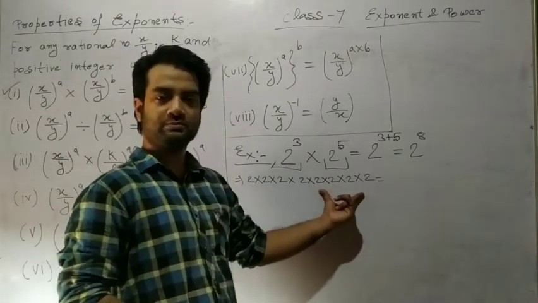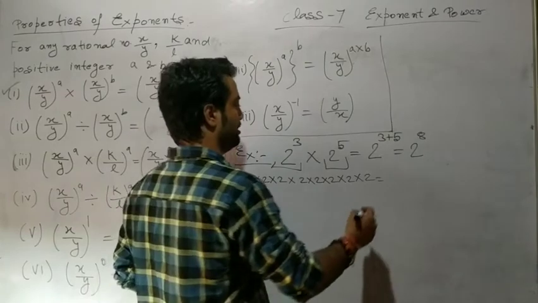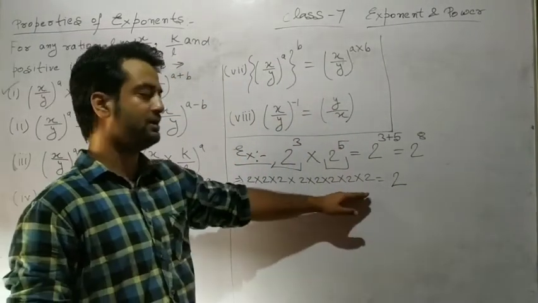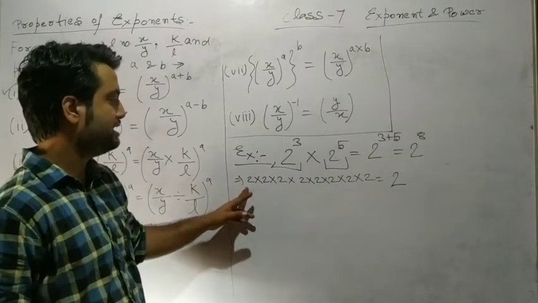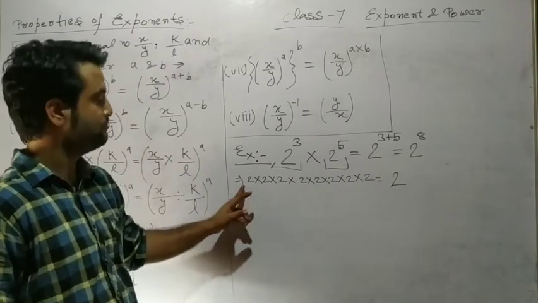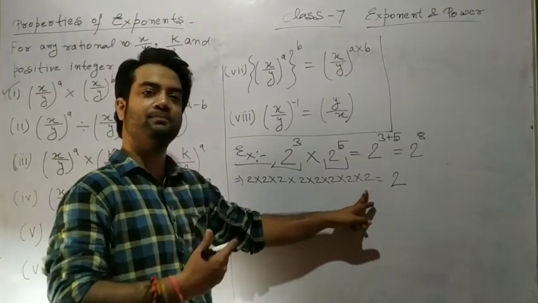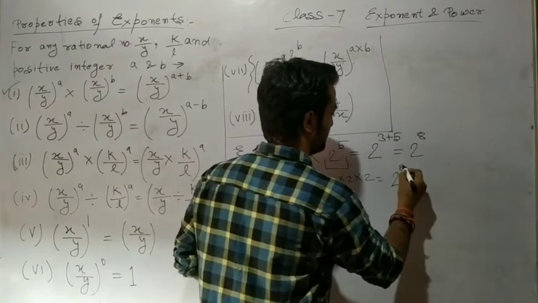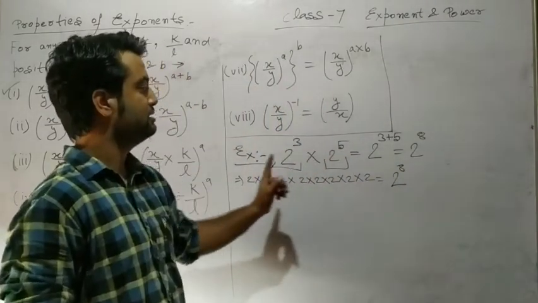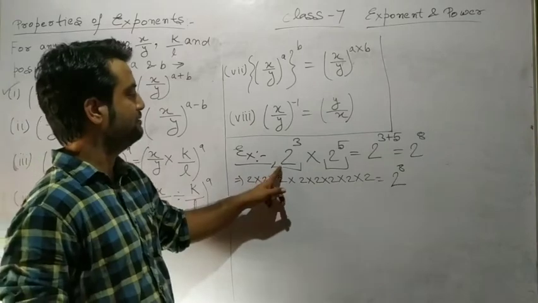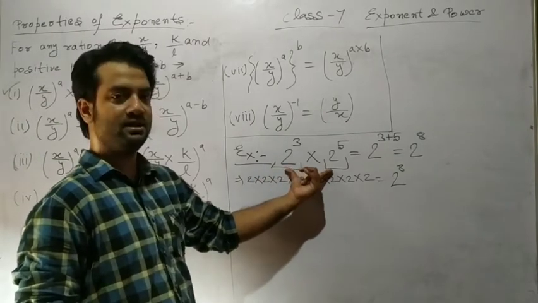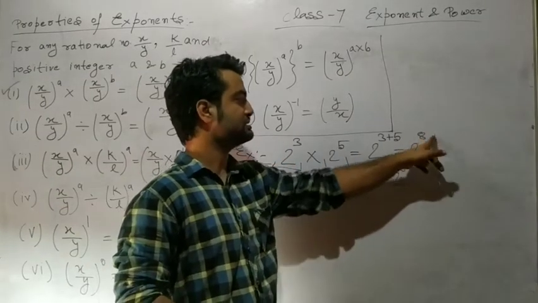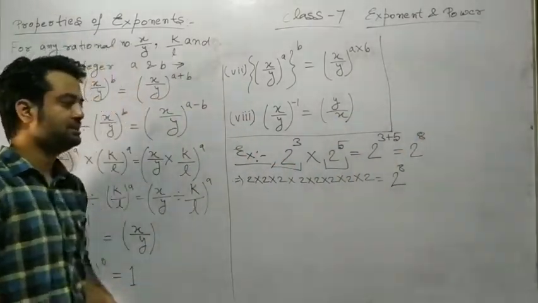If we write it in exponential notation, 2 will be the base because 2 is multiplied with itself so many times, and as we discussed in our previous video, the number of times it is multiplied with itself is the exponent. So it can be written as 2 raised to the power 8. Hence it is proved that if two numbers with the same bases but different exponents are multiplied, then their exponents are added.